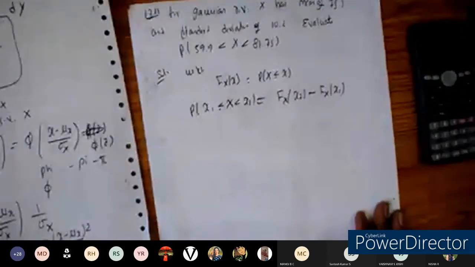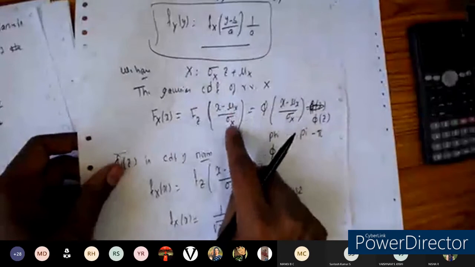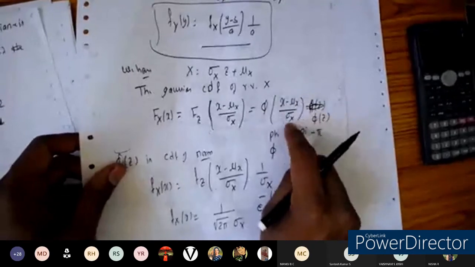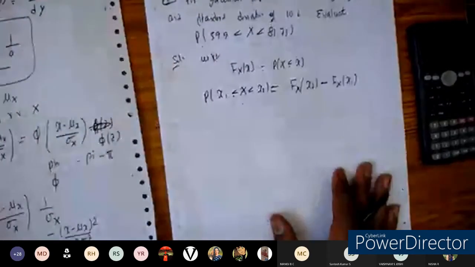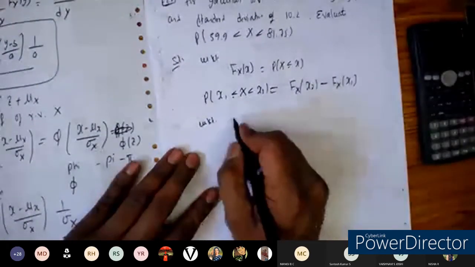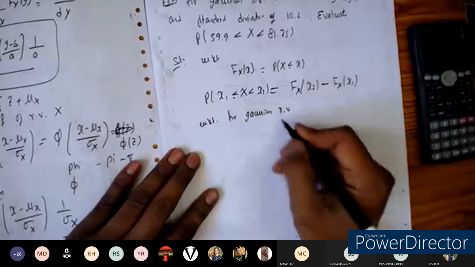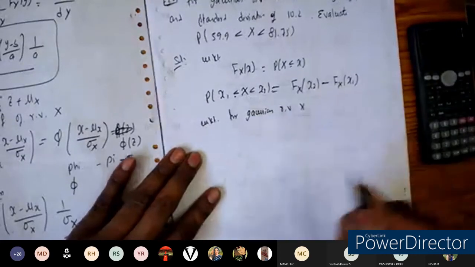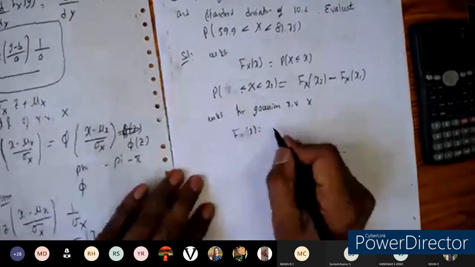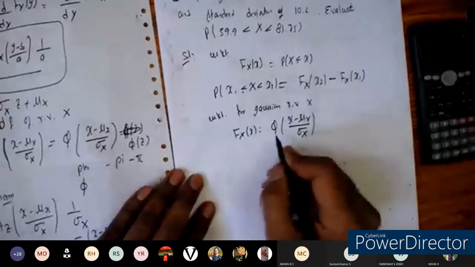From this relationship, if the mean and the standard deviation are given, this can be expressed in terms of the normalized Gaussian random variable, as (x minus μx) divided by σx.